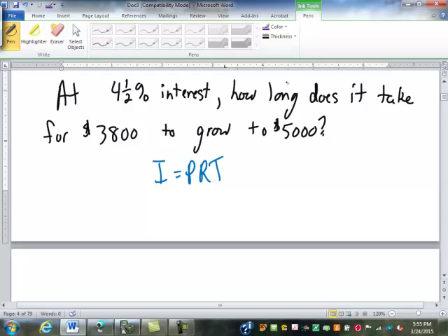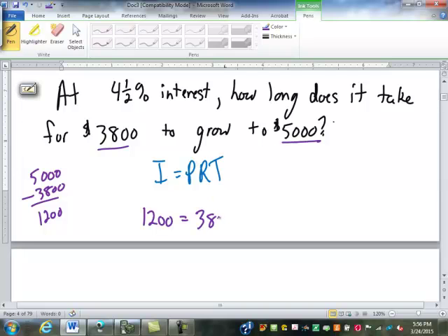What do we know? Well, we know R is 4.5%. Do we know I? 1,200. Good. We went from 3,800 to 5,000. The difference has to be our amount of interest, so $1,200 in interest. Do I know the principal? Yes, 3,800 is what we started with. Do I know R? Yes. 4.5% is going to become what as a rate? 0.045.